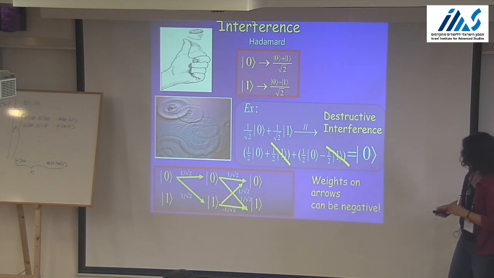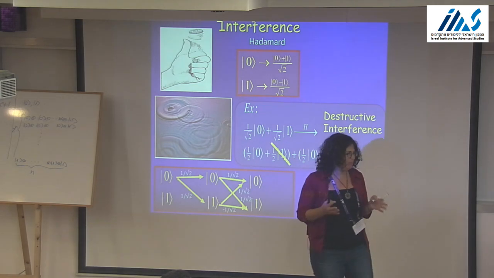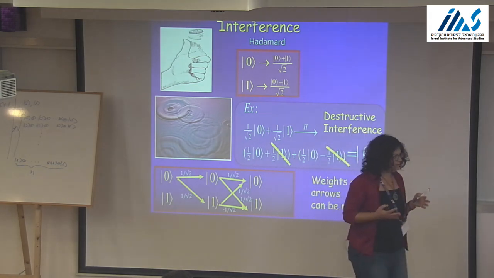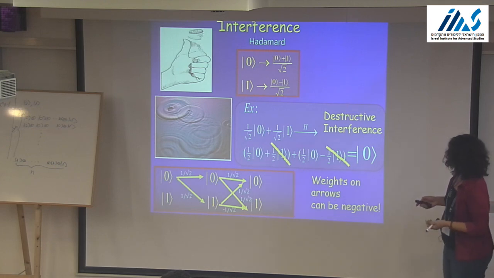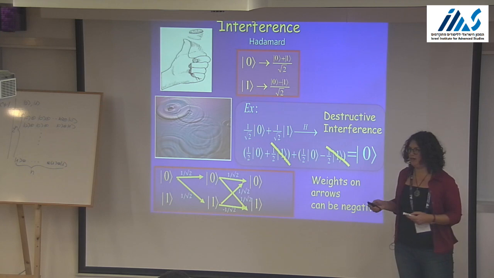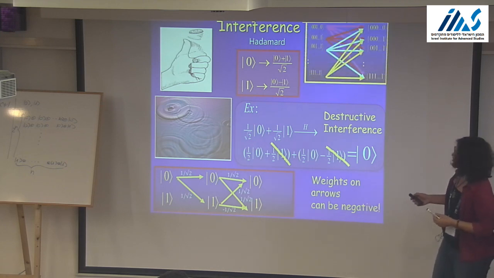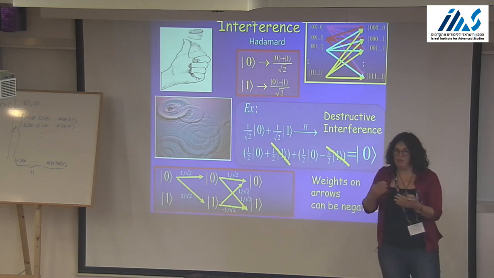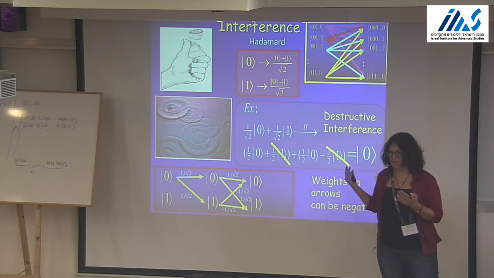And this is destructive interference. The different paths cancel out. The fact that weights on arrows can be negative is a very important point in quantum algorithms in general, and in quantum phenomena in general. We'll see that in Adam's talk later on when we talk about quantum algorithms. This is also happening when we talk about interference patterns over n qubits, not just a single qubit.